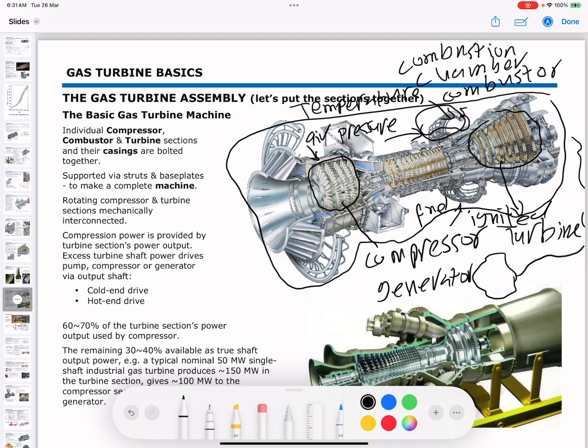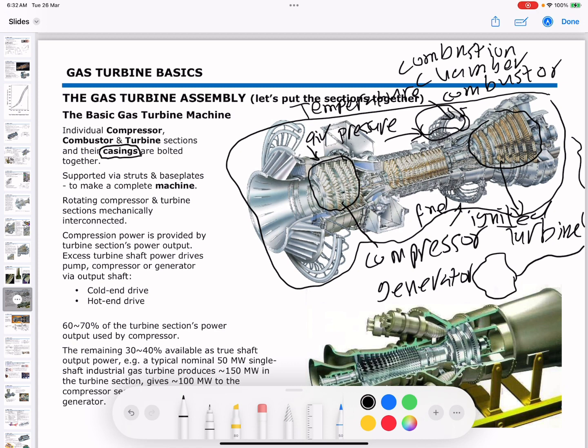These casings are often constructed from advanced materials and incorporate cooling systems to withstand high temperatures, like nickel, for example, and mechanical stresses, while ensuring efficient and reliable operation of the gas turbine. So if you ask me, the casing is made of high standard materials to withstand heat and everything.